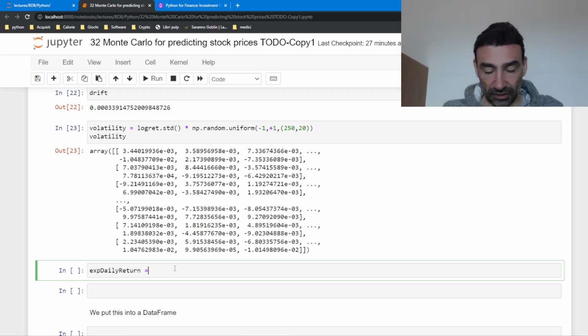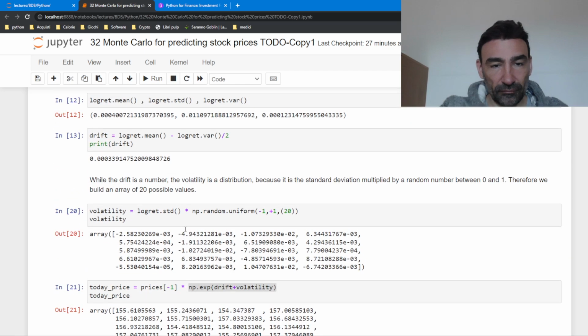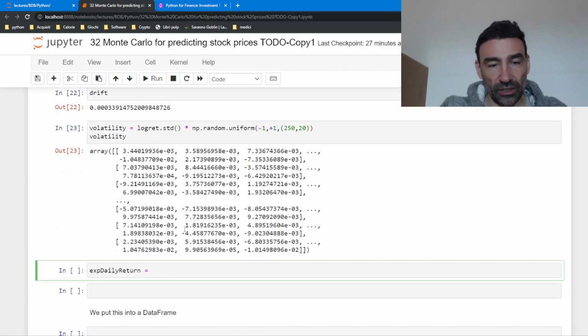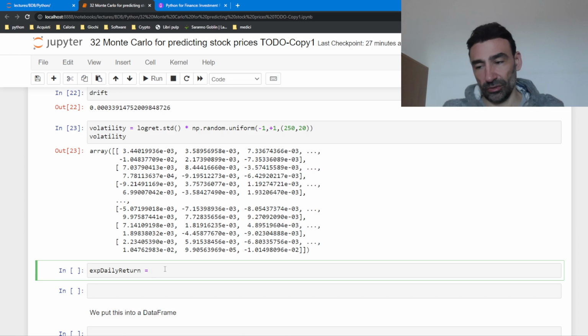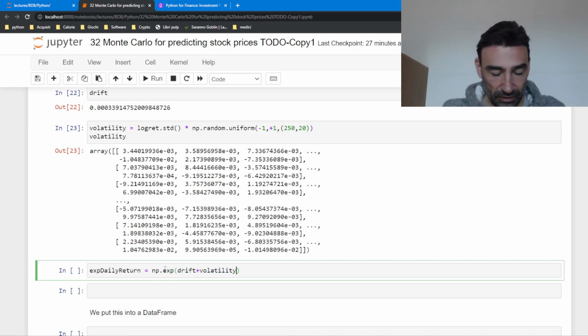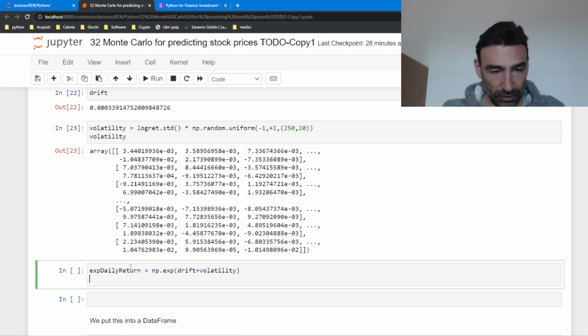Exponential of daily return. So it's again a matrix with 20 simulations for each day and 1 row for each day. So 250 rows, and np.exp drift plus volatility, and let's take a look at it.